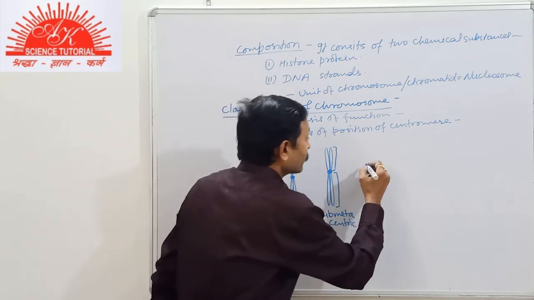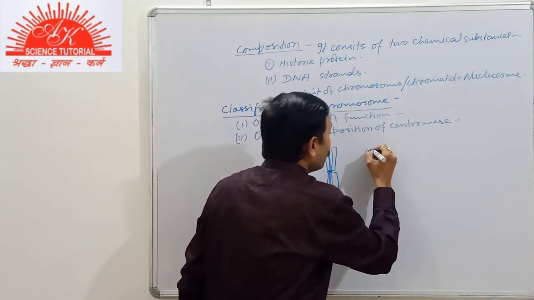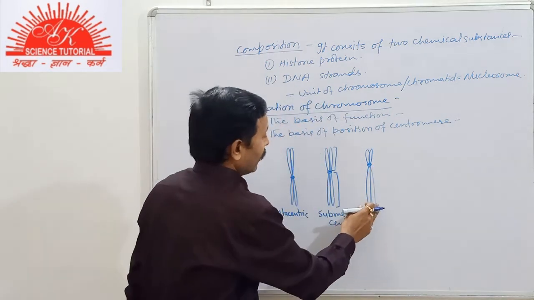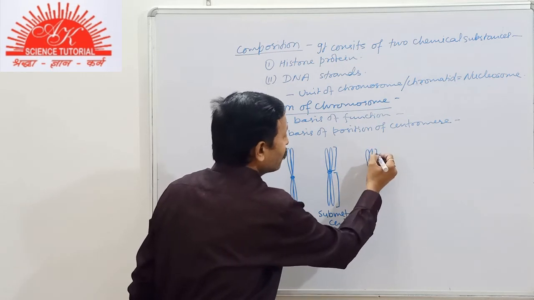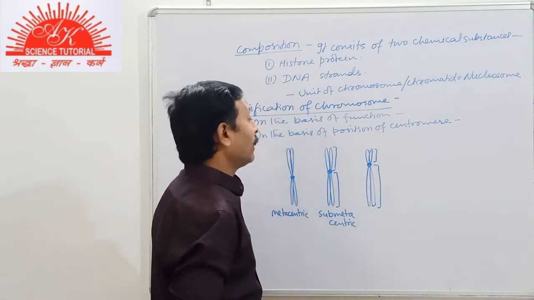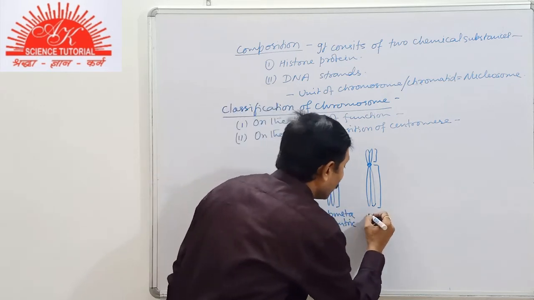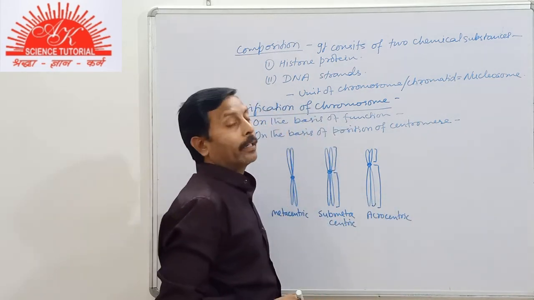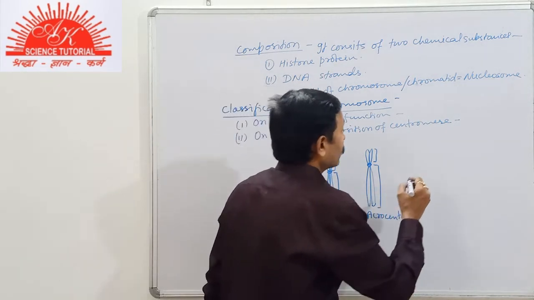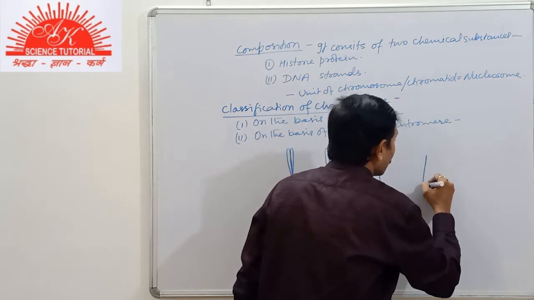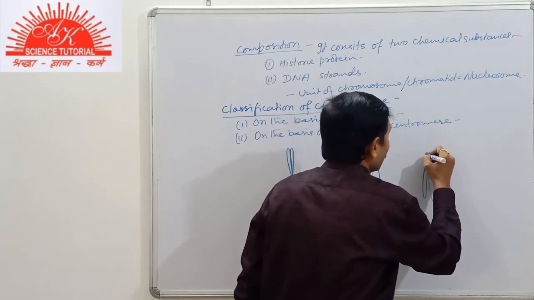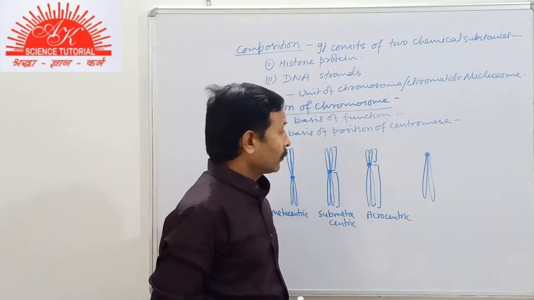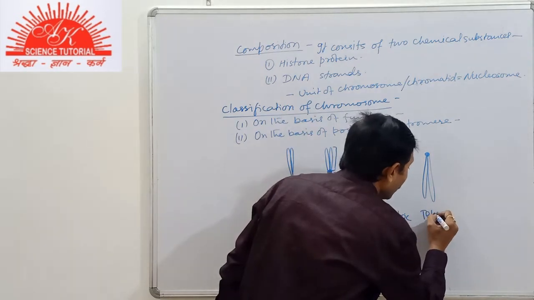Similarly, if the centromere is near one end, such that one arm is much shorter and another arm is much longer, then it is called acrocentric. And then there is the last one, where the centromere is at one end directly, and then it is called telocentric.